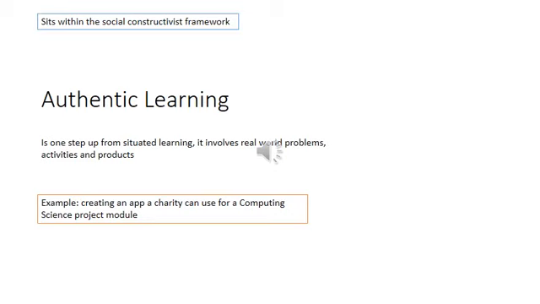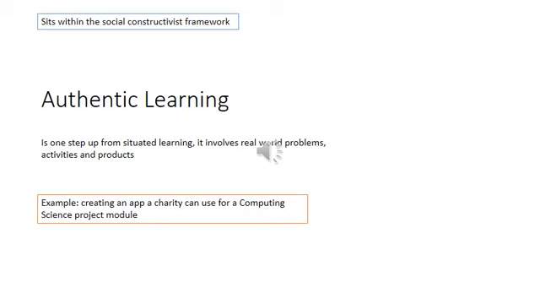Now in authentic learning, we engage our students in actual real life challenges. So that could be our computing science students create an app for a charity, or our social work students go and work with a local community center and run some activities or events there and then reflect on these. So these would be examples for authentic learning.